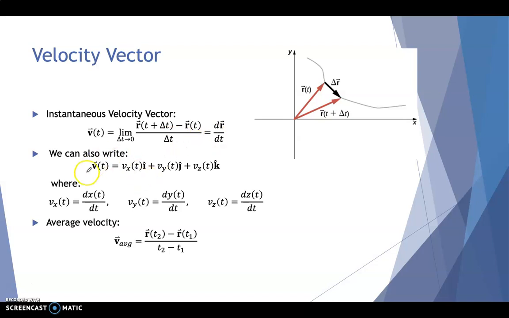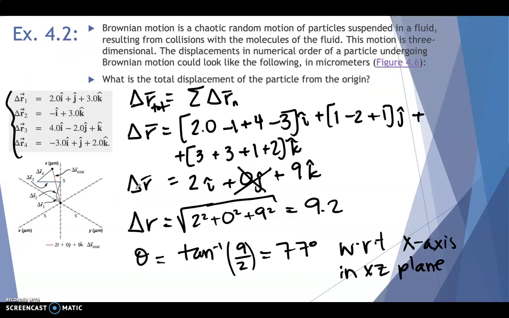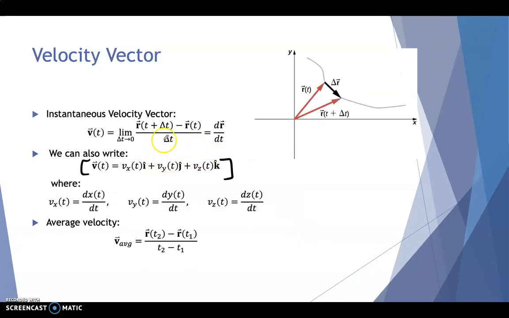We can also write it this way, and this is what you will see quite a bit, similar to what we saw back here for our position vector. We write them in terms of our unit vectors i, j, and k. So this is a way to write it, and we can denote the different components as v sub x, v sub y, and v sub z.